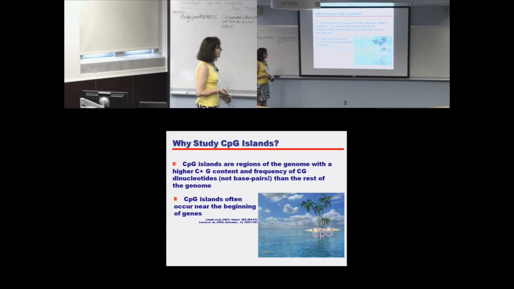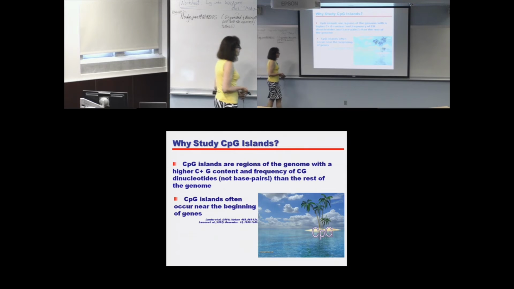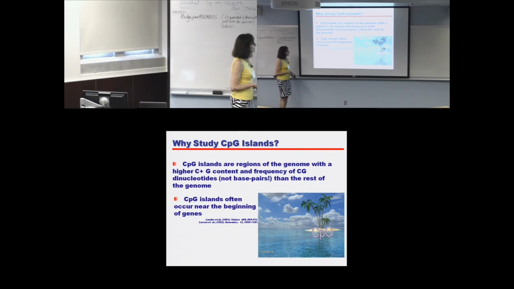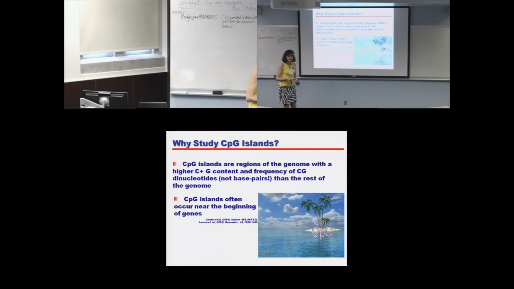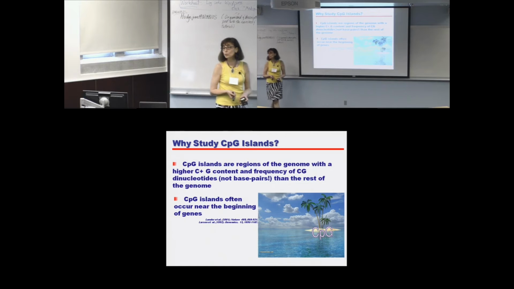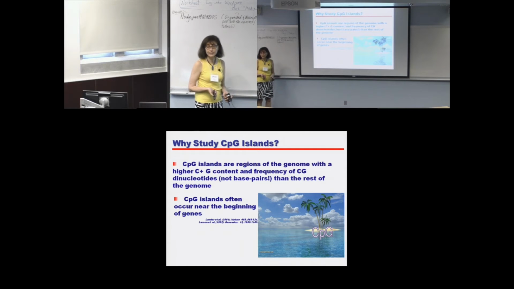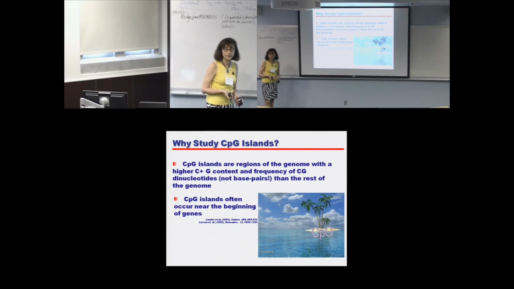The other cool part is that CpG islands often occur near the beginning of genes, at the promoter regions of genes. So if we figure out how to find islands, that narrows down the search for genes. We have more information about where to look, because otherwise we're really feeling in the dark, looking for the black cat in a dark room.